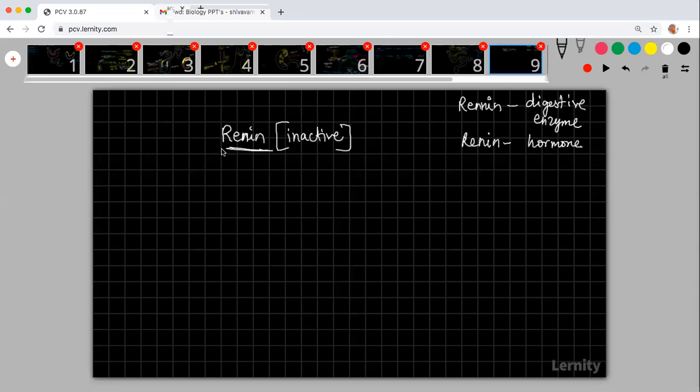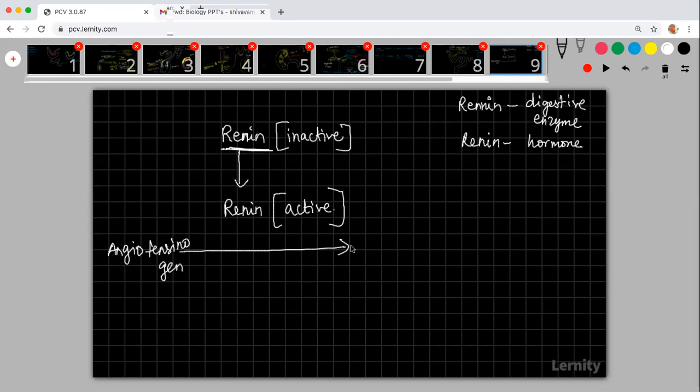Normally, the inactive hormone is there. If it becomes active renin, what will happen? It will convert a substance called angiotensinogen into angiotensin. The renin present in the juxtaglomerular cells produces this. Yalini, please listen. This is a very important concept. You can write it later.